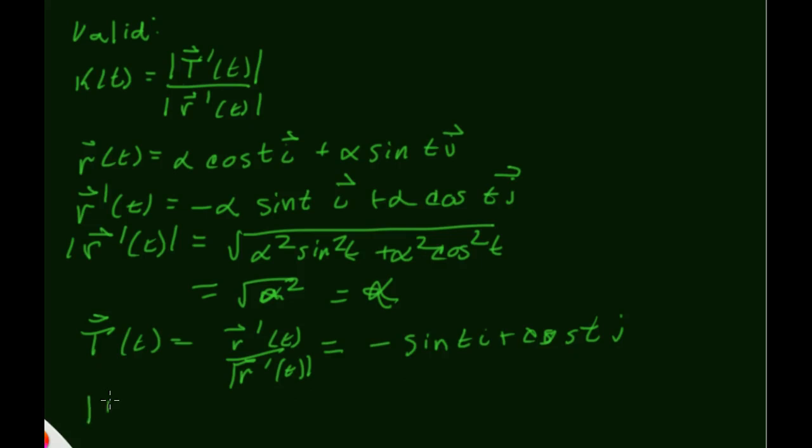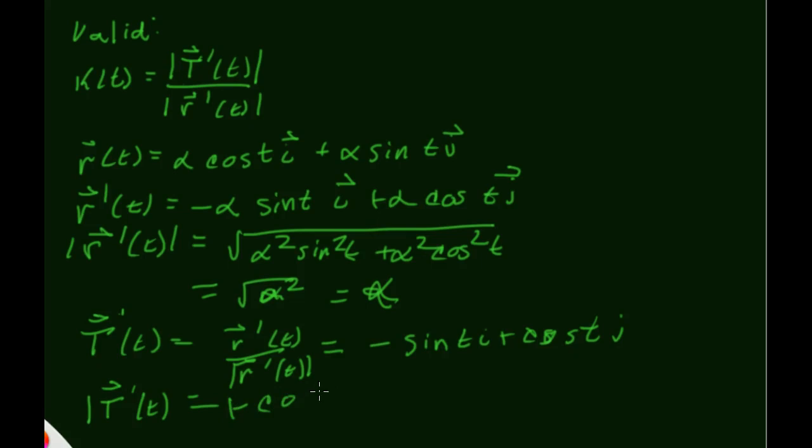But the nice thing about this is if I take the magnitude of that guy, well, we have to take the magnitude of its derivative, right? So we take the derivative of that, and I'm back to negative.